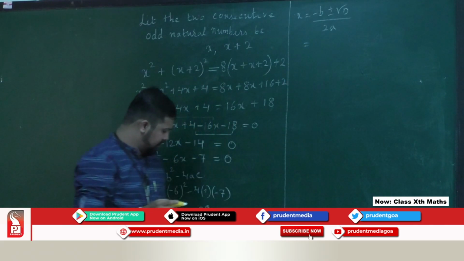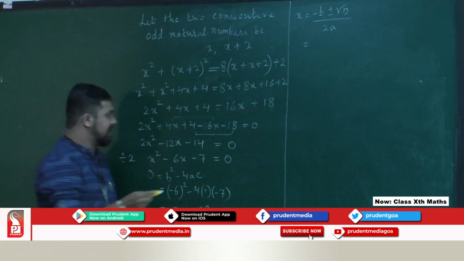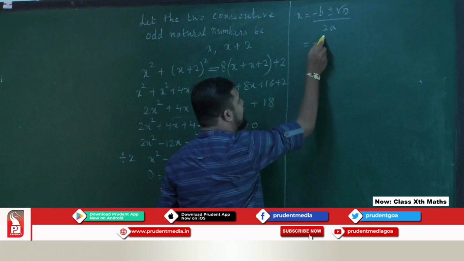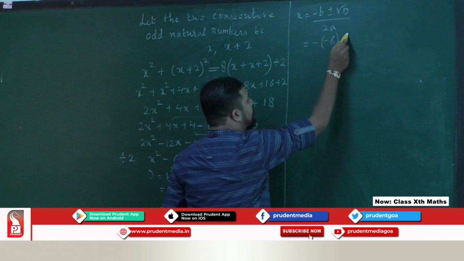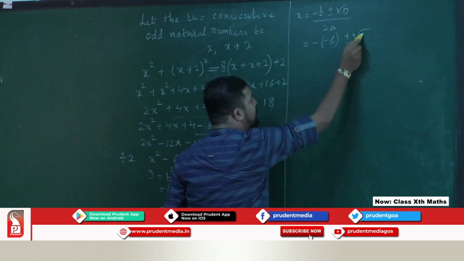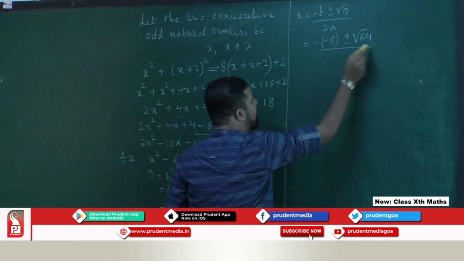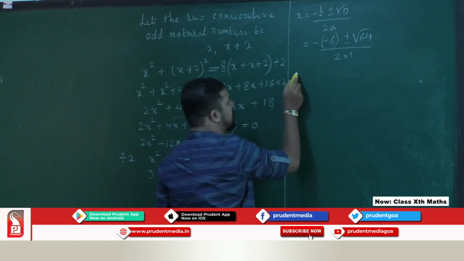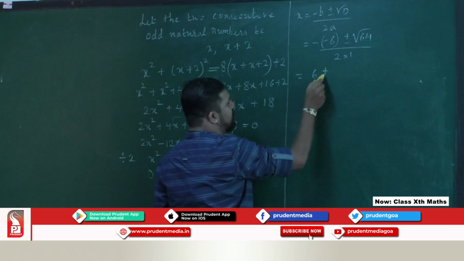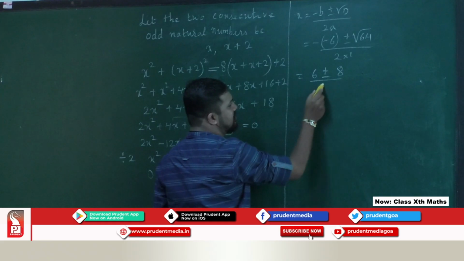Let us substitute b, that is minus 6: 6 plus or minus 8 by 2.